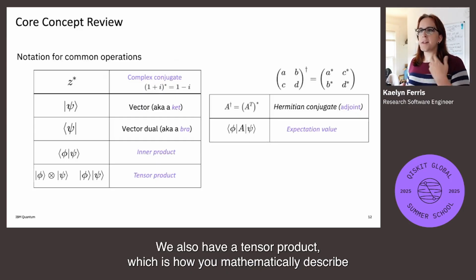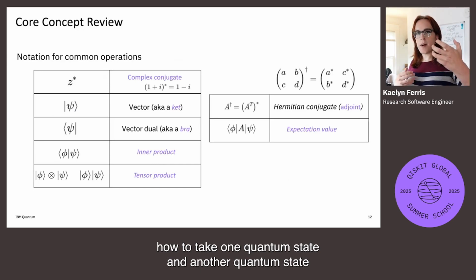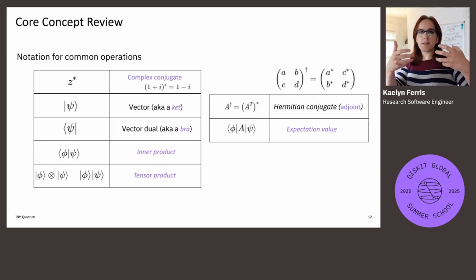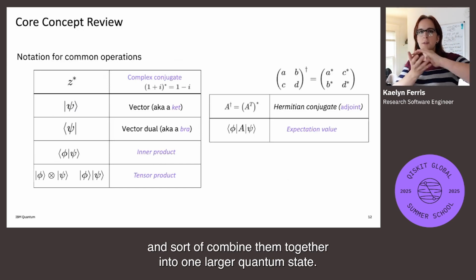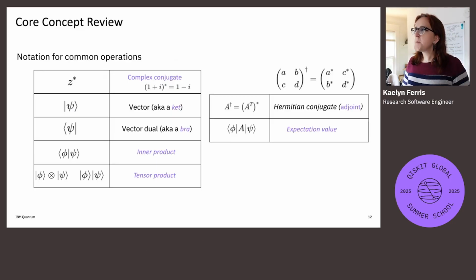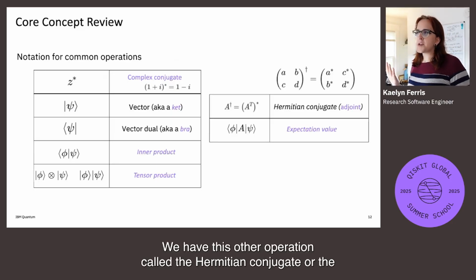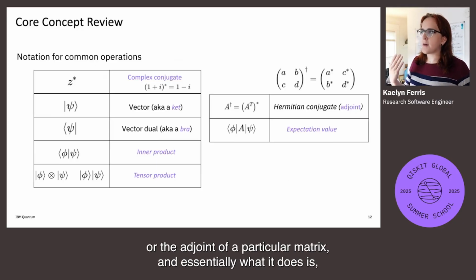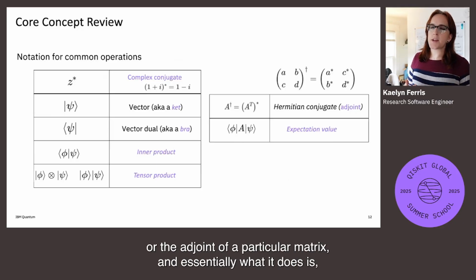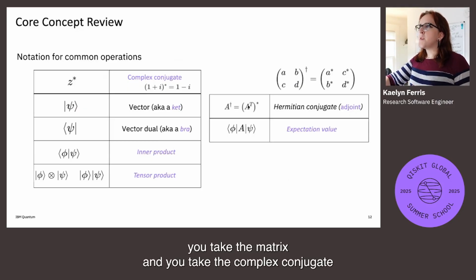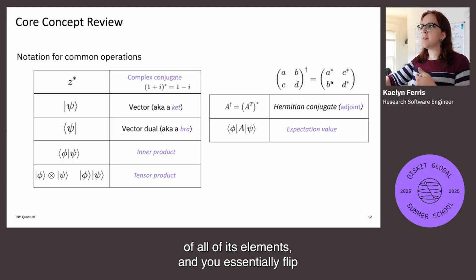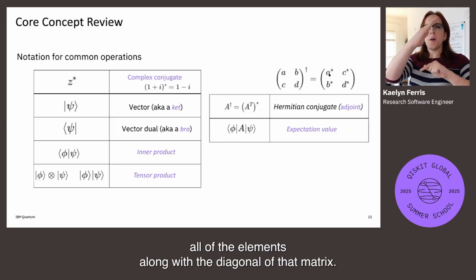We also have a tensor product, which is how you mathematically describe how to take one quantum state and another quantum state and combine them together into one larger quantum state. We have this other operation called the Hermitian conjugate, or the adjoint of a particular matrix. Essentially, you take the matrix and you take the complex conjugate of all of its elements, and you flip all of the elements along the diagonal of that matrix.